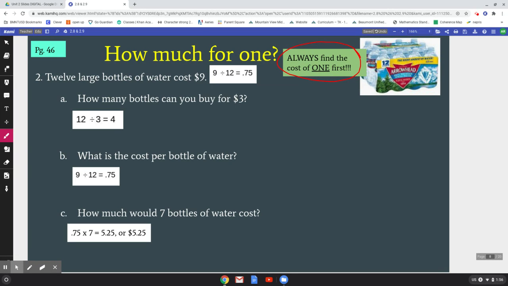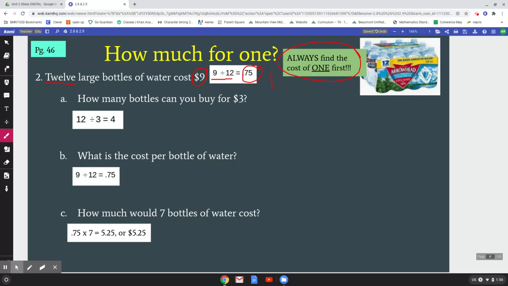Now, remember, I said you're going to take the money and you're going to divide it by how many there are. So 9 divided by 12 is 75 cents. That's the cost for one water is 75 cents. So now we kind of use that and we keep going. So it says, how many bottles can you buy for $3?